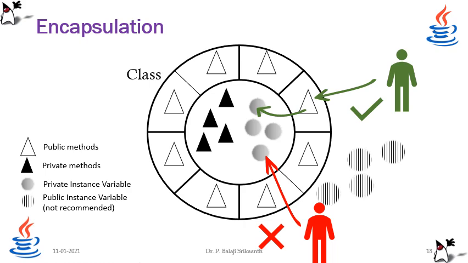It is taken care of by the Java runtime environment or the compiler itself. So what is the use of encapsulation? You can modify the underlying instance variable. You can upgrade it, modifying it transparently to the users, transparently to the code which is using it from outside.